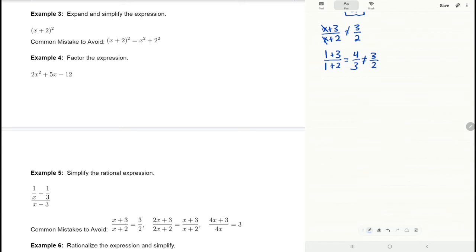So another common error is where we have 2x plus 3 divided by 2x plus 2. And we have a common coefficient of 2 on the x, so we might be tempted to cancel these, simplifying this to x plus 3 over x plus 2.